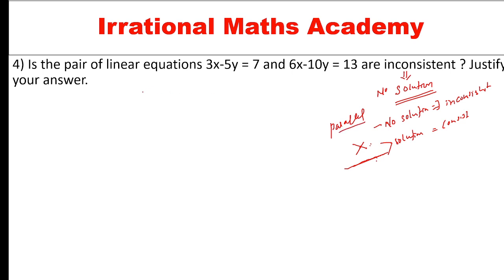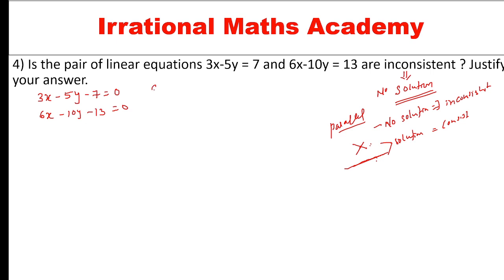So the question is whether the pair of linear equations is inconsistent or consistent. First, let me write down 3x minus 5y minus 7 equal to 0 in standard form, and 6x minus 10y minus 13 equal to 0.